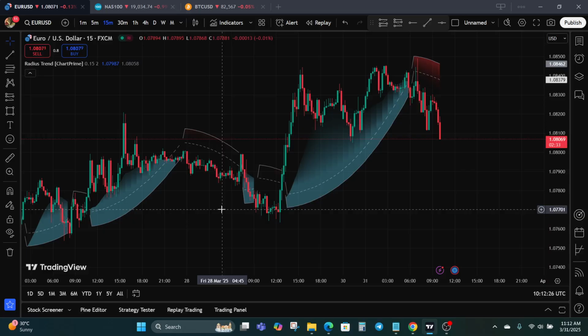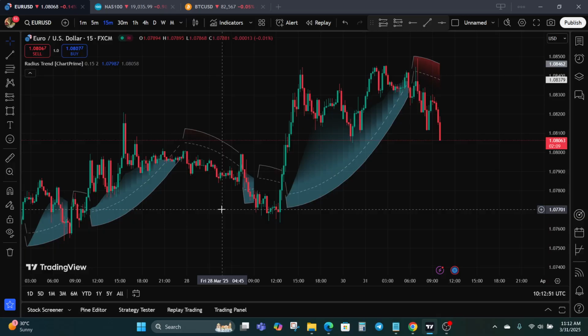Now, there is no guarantee that there will not be a false signal. There are a lot of indicators out there, and there is no singular indicator that is foolproof, right? No indicator guarantees profit. No indicator is 100% accurate. So there is no guarantee that there's not going to be a false signal.